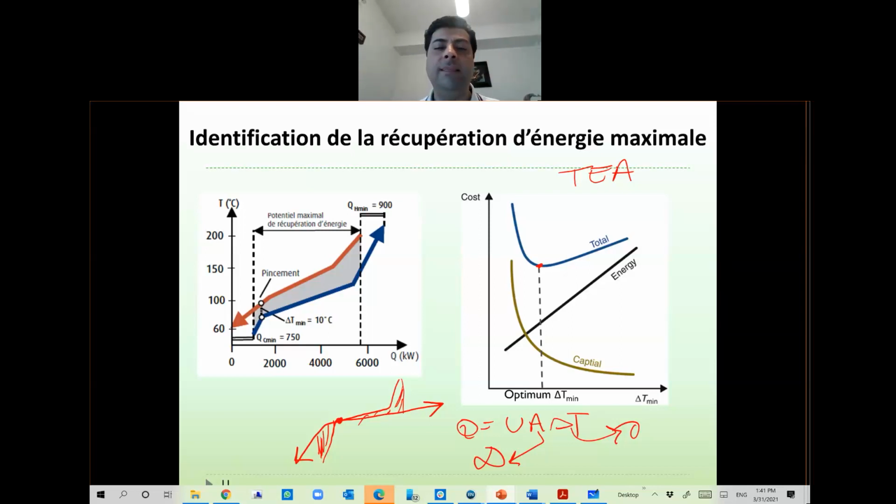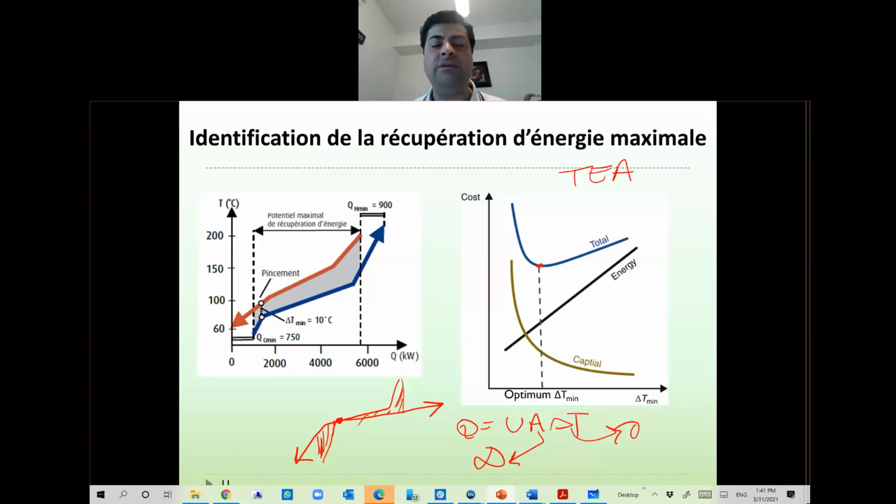Therefore, delta T can never be zero in pinch analysis, in thermal pinch analysis. Pay attention, because in the next stage when we talk about water pinch, it is a different case. Now we are talking about thermal pinch analysis, and delta T can never be zero.